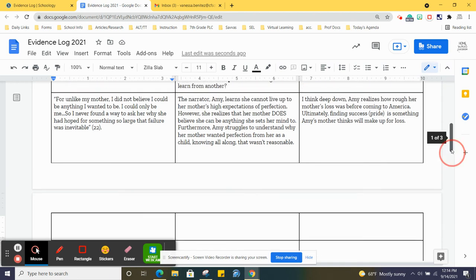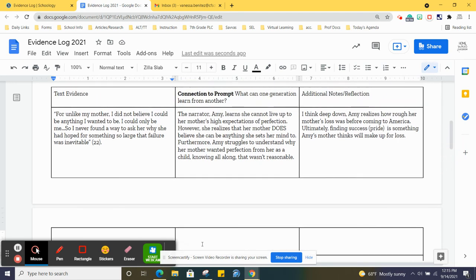How does it relate? How does your text evidence relate to what the narrator or her mother is learning? So start like I did: the narrator learns, or the mother learns, or in this scene, so-and-so learns. And then any additional notes or reflection needs to go here. So what other things does this make you wonder?